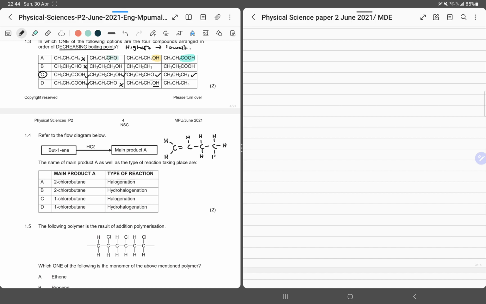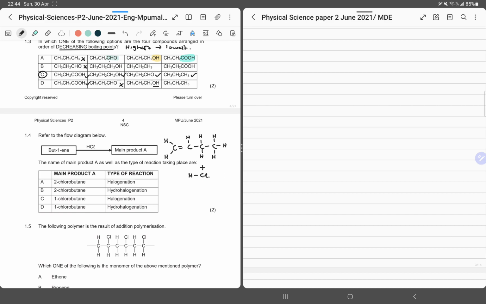At times you need to be able to think quickly. I mean, you've done this in term 1, so it should be second nature right now. Now, what are we doing to this alkene? We are adding hydrogen chloride, basically HCl. And what is that? It's a hydrogen halide.